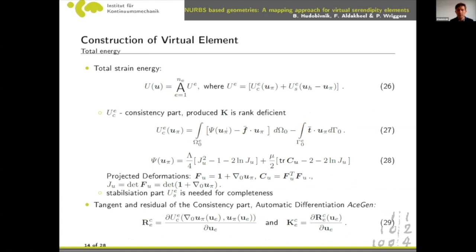And once we have this inner energy of the element, we can derive this energy with respect to all the degrees of freedom U to get the residual. And then we repeat the differentiation again. We differentiate the residual with respect to the degrees of freedom U to get the tangent matrix. This is done with the automatic differentiation technique of the AceGen software tools. So we don't have to code this, we just have to code the energy.